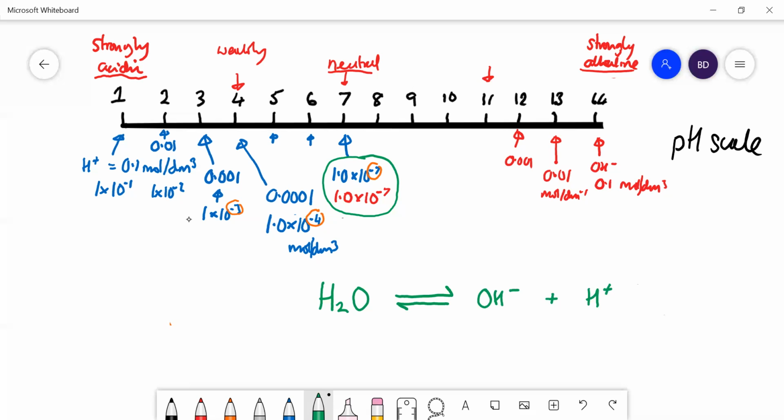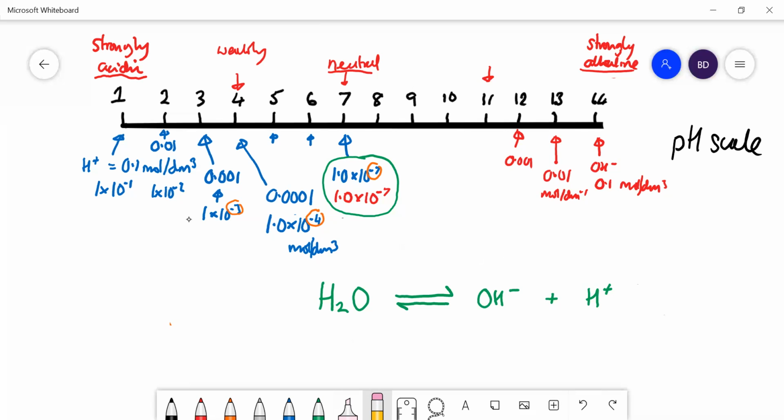Of course, we've seen before, if you get lots of OH minus and lots of H plus, they'll neutralize, they'll go back to form water. But every glass of water you pick up will have a tiny, tiny amount of OH minus ions and H plus ions in it. And that's why pure water will actually conduct electricity a little bit, even though it's covalent. And it shouldn't really do that if it's purely covalent, because it's got tiny amounts of ions in it.